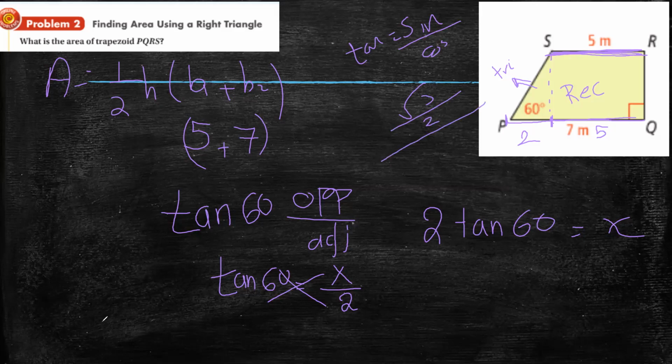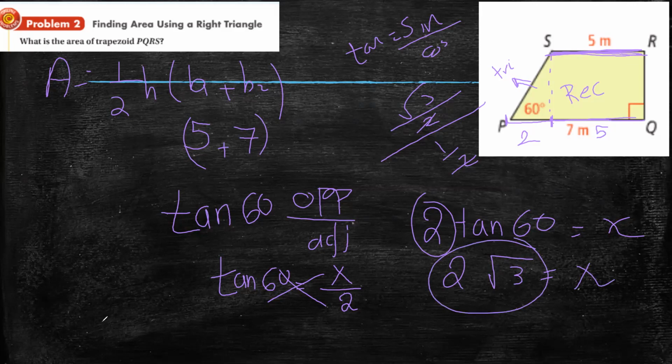And the cosine of 60 is the same as sine of 30, so it is half. So tan 60 is square root of 3. So the length or the height of the altitude is 2 square root of 3. So the height here will now be 2 square root of 3.